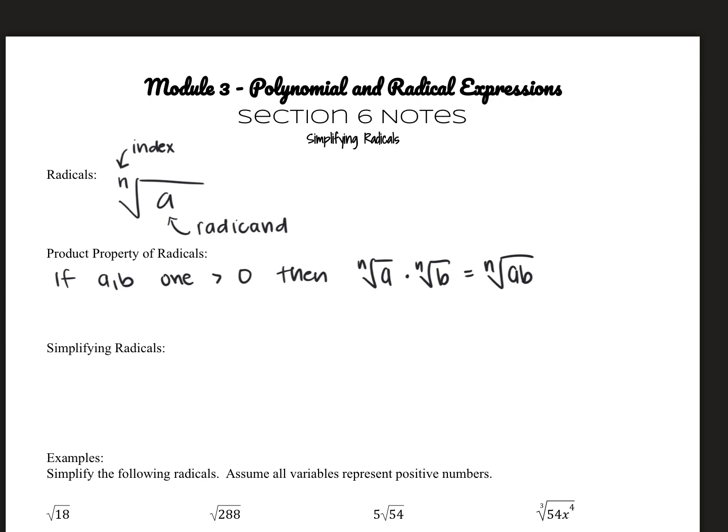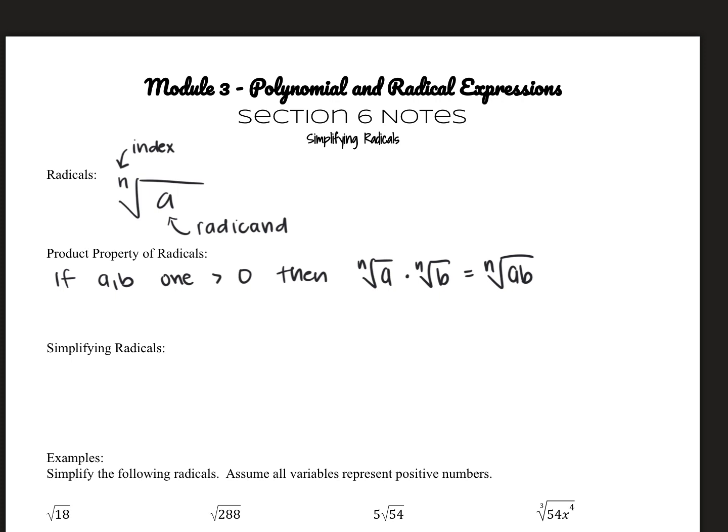It is important here that n is the same. I can only multiply two radicals that have the same index. If they don't have the same index, I can't combine them.